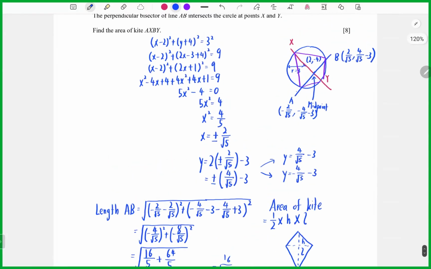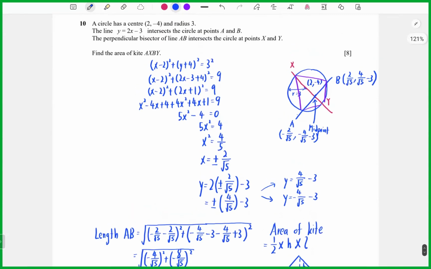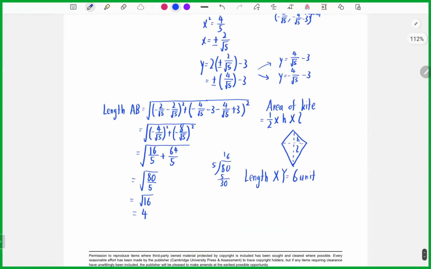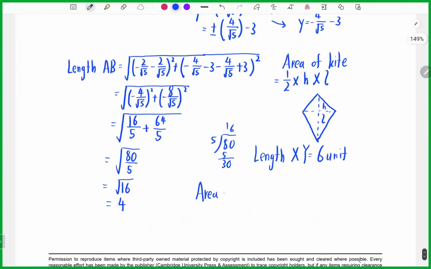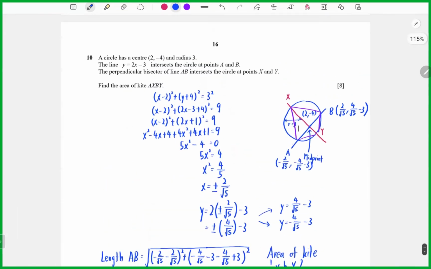Because this midpoint is across the center, right? The radius is equal to 3 units. So if the circle is completed, we get 6 units. So now you can find the area of the kite AXBY, which equals 1 over 2 multiplied by 6 multiplied by 4. So it equals 12 square units.